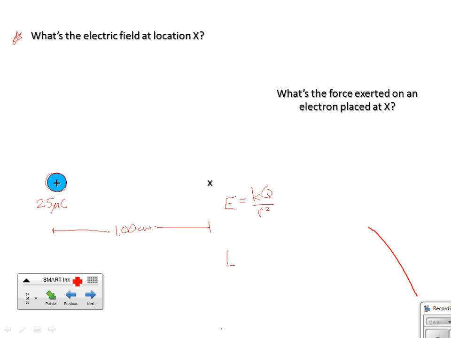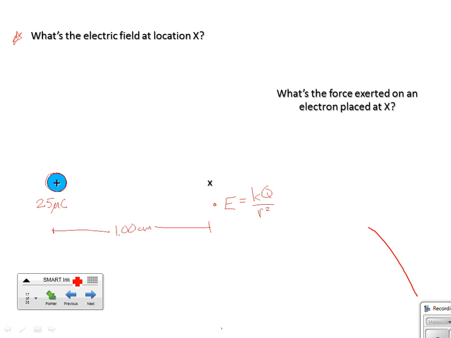We would not use the other one because we know nothing about any force, and there's no charge that we've said we've put there. So it's entirely appropriate to use this expression for electric field because we know what charge made the field, and we know how far away from that charge we are.